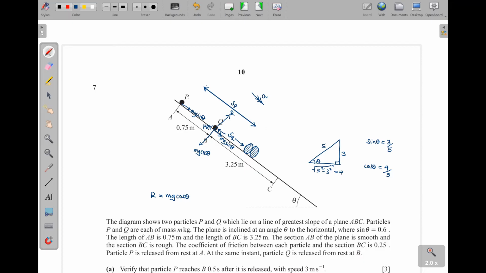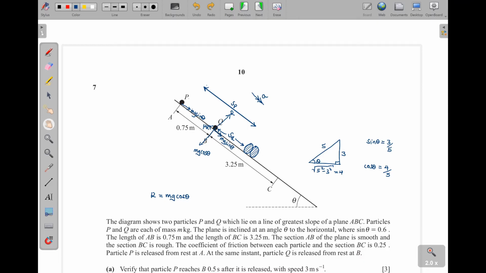So it will move actually 0.75 plus some distance here, which will be the same distance Q has moved here. Do you get it? So that means the total distance traveled by P will be the one Q has traveled here plus the 0.75.